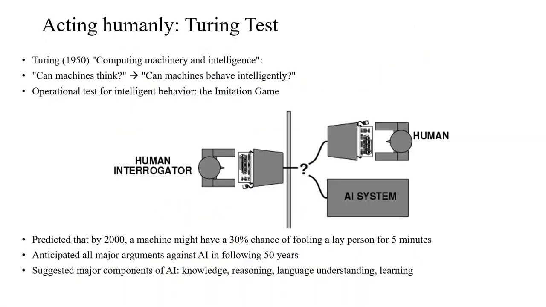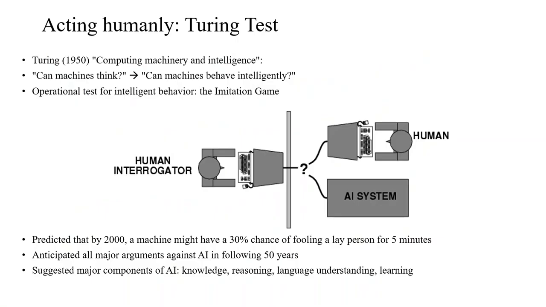Turing was a mathematician who proposed the Turing test in 1950. Here we can see a small diagram in which there is a human interrogator at one side and a human and the AI system at the other side. They are not visible to each other; they are separated by a wall.